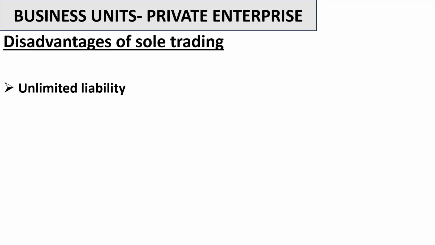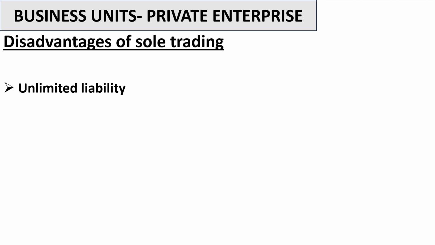Okay, so it may sound like something obvious, but most of the time, apart from sole trading and partnership, a business and the owner are treated as two separate entities. You and your business are separate individuals.